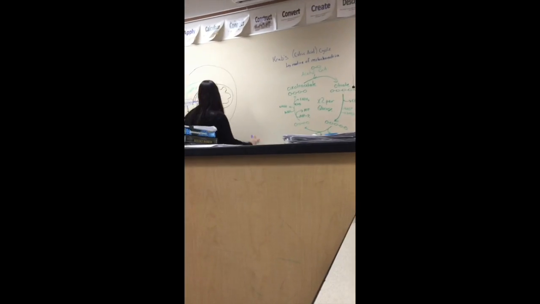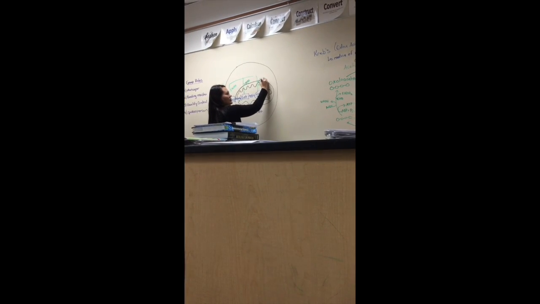All right. So now let's come over to our summary. I need my purple marker. How many ATPs are formed from the Krebs here? 2. How many NADHs? 6 NADH and 2 FADH2.